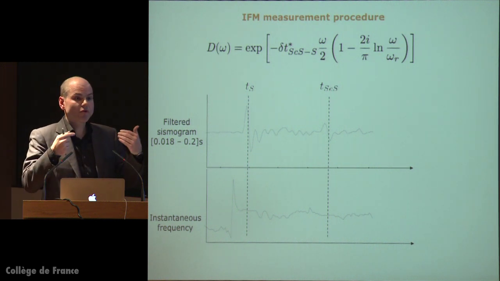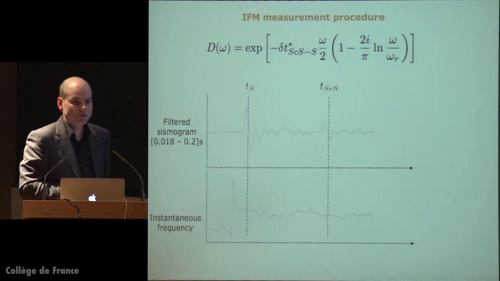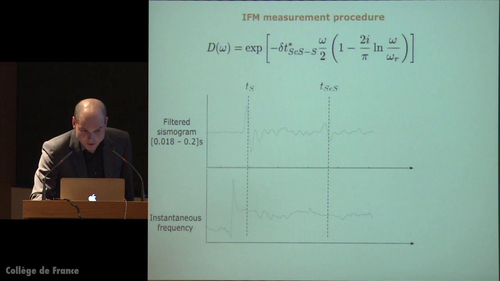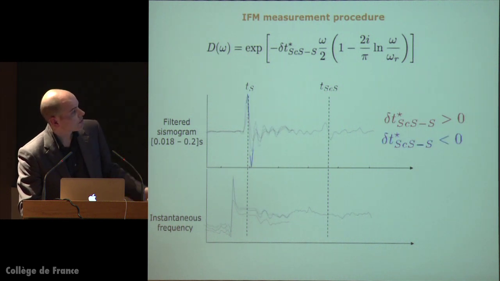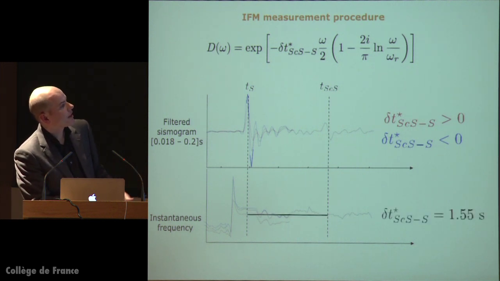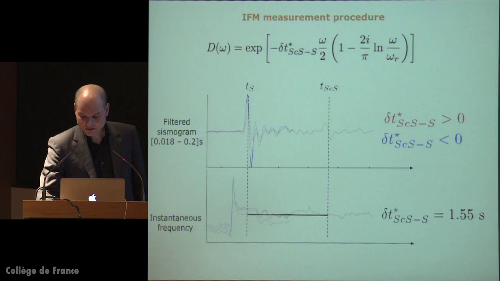So we will look for the attenuation in the mantle that will make these two instantaneous frequencies the same. This delta T star will change the signal somehow; if you use a negative delta T star, it will change the signal the other way around. For example, in this case, for this recording, we would find 1.55 as the delta T star.